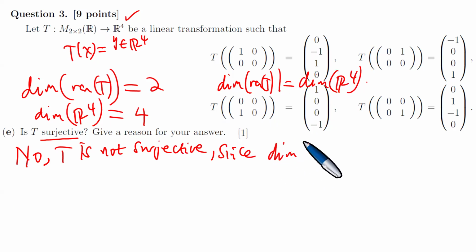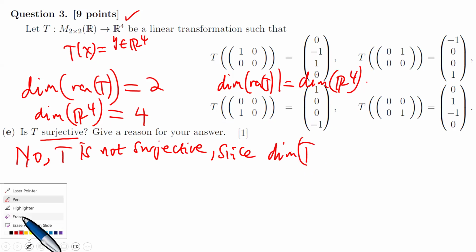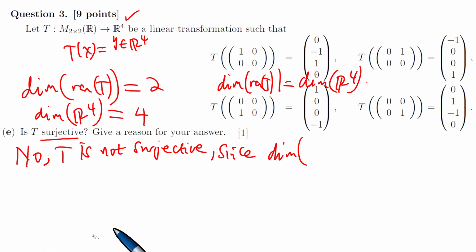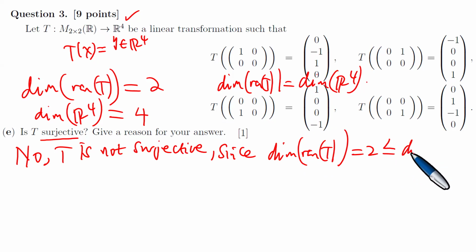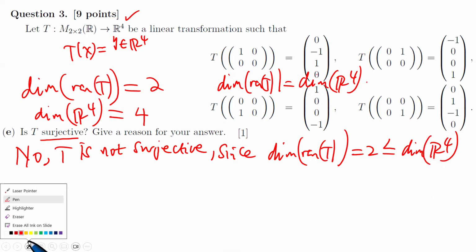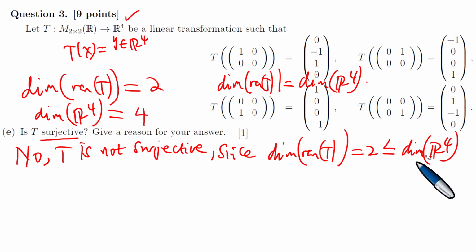The dimension of the range of T, we compare it with the dimension of the codomain of T. So the dimension of the range of T is actually 2, and 2 is less than or equal to the dimension of the codomain. Let us be very strict with our inequalities here.